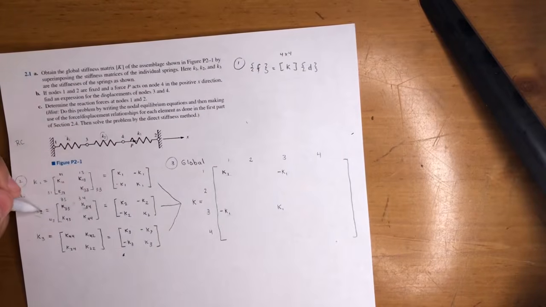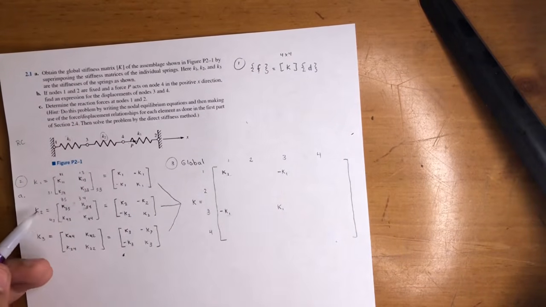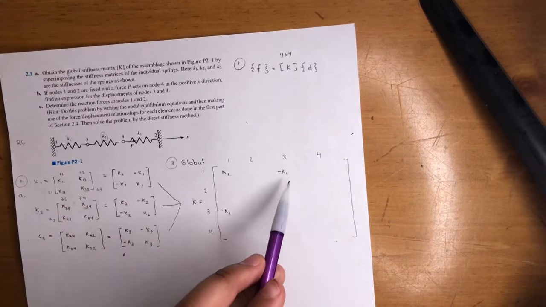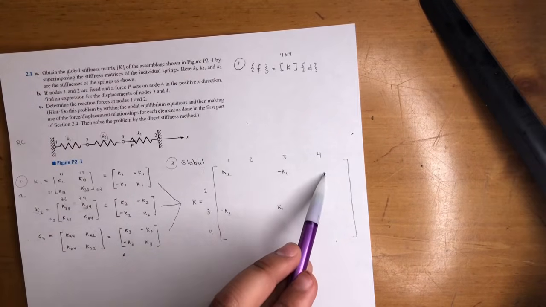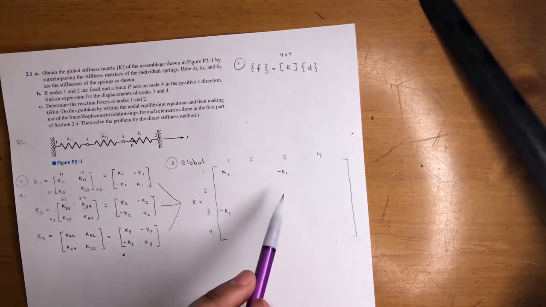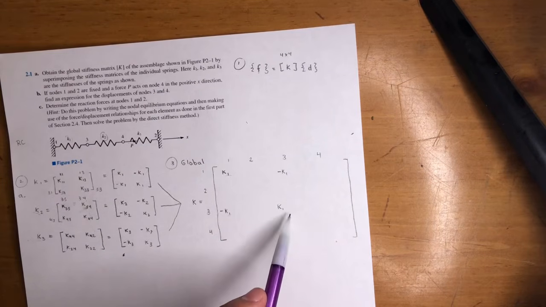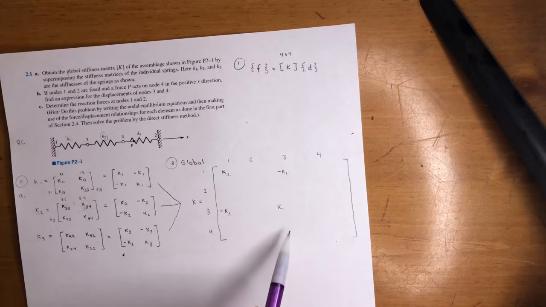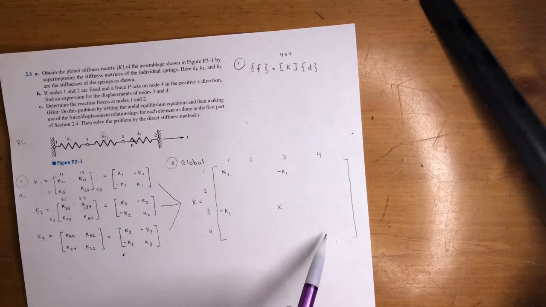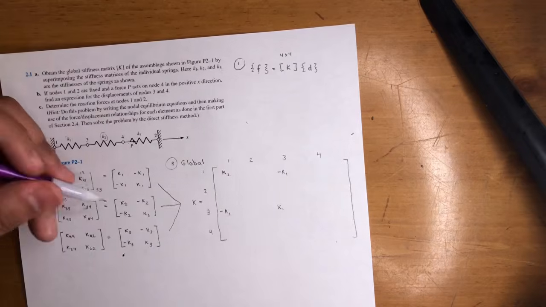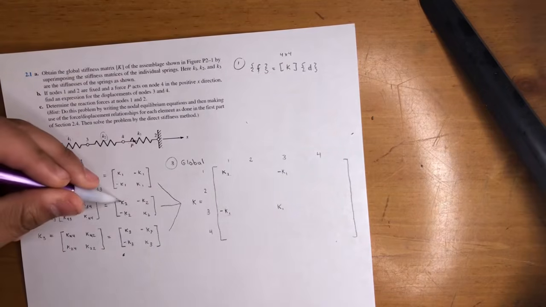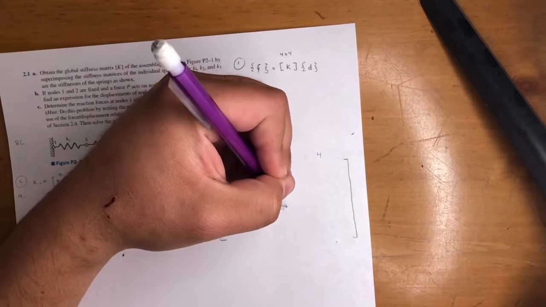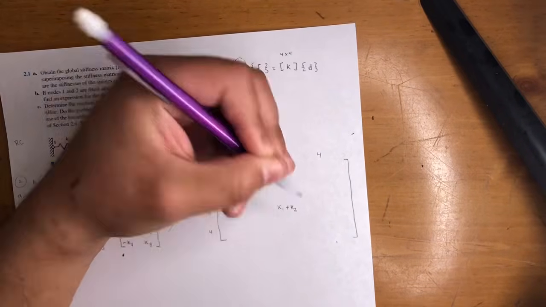Cool. So K2 now. Again, this one is from nodes 3 to 4. So we're going to have the space K33, K34. Oh, I'm sorry. Hold on. K33 is this one. K34 is this one. K43 is this one, and K44 is this one. Cool. So K33 has K2, and it's a positive. So K33 shares this one, so we're gonna add them, right?